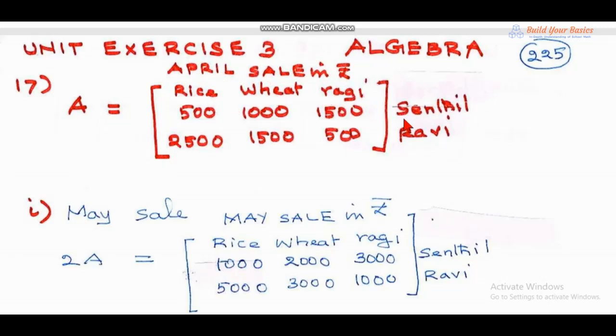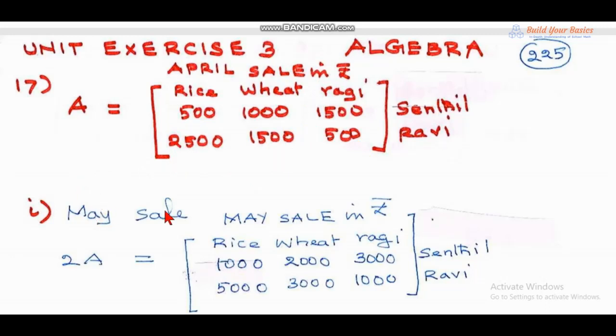The 2 farmers are Senthil and Ravi. These are the amounts of sale of Senthil. Senthil sells 500 rupees of rice, 1000 rupees of wheat and 1500 rupees of ragi. Similarly for Ravi, Ravi sells 2500 rupees worth of rice, 1500 rupees worth of wheat and 500 rupees worth of ragi. Now let us do the first subdivision.